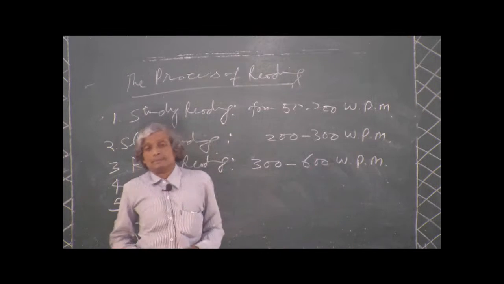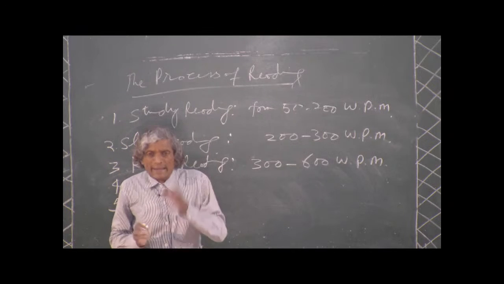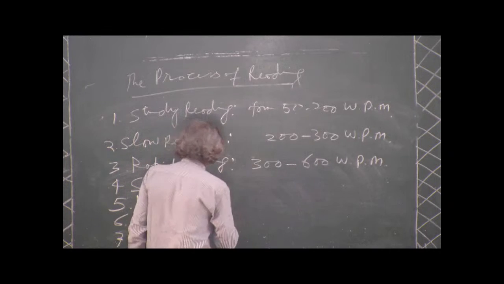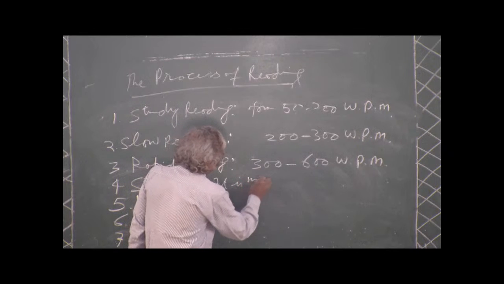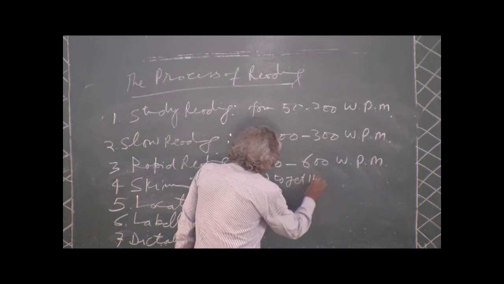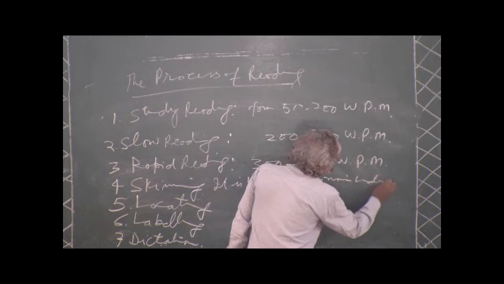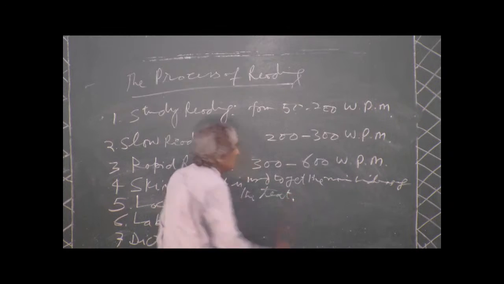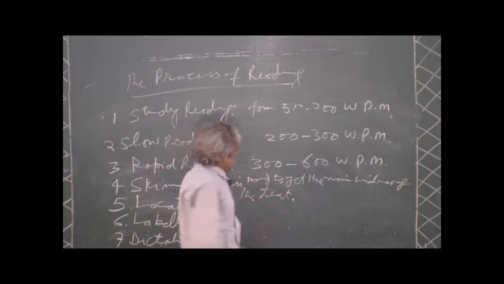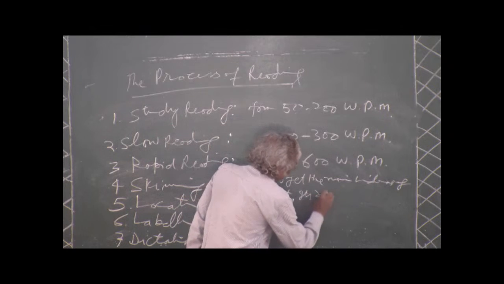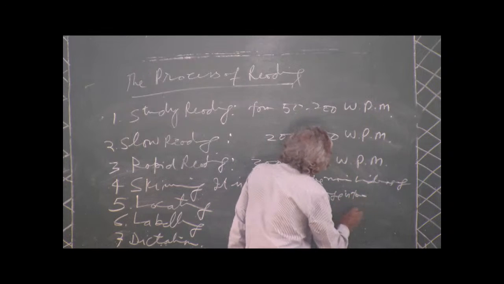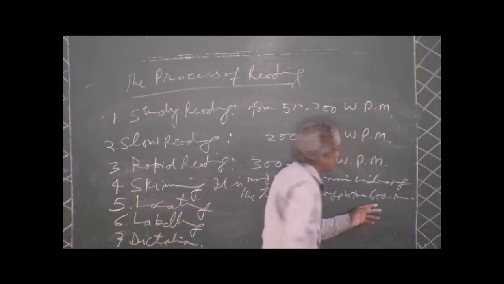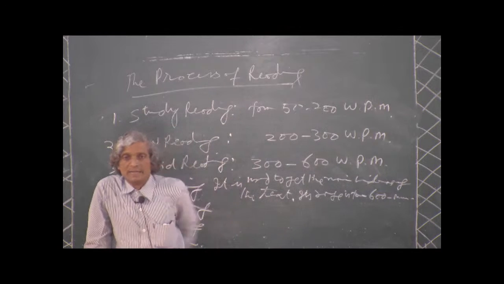It is used to get the main ideas of the text. Its range is from 600 onwards. Reading beyond 600 words per minute is called skimming.